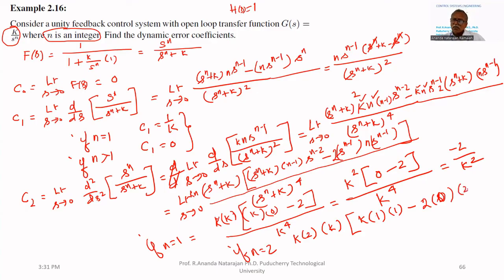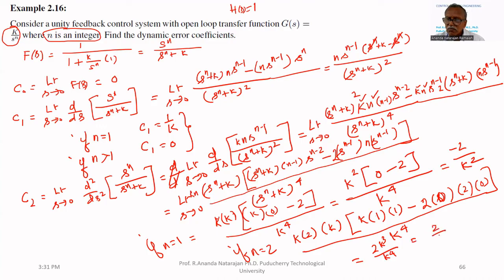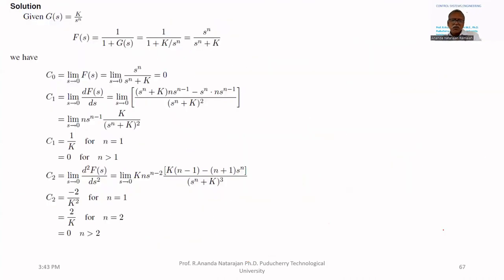Then k power 4. That is equal to 2k cube upon k power 4, that is equal to 2 by k.